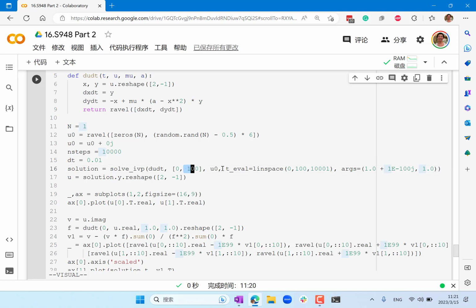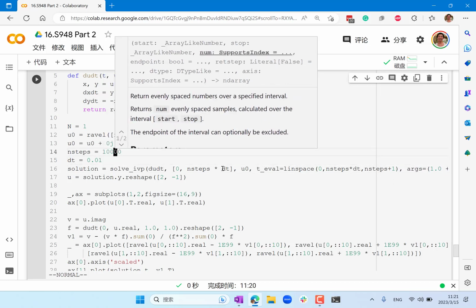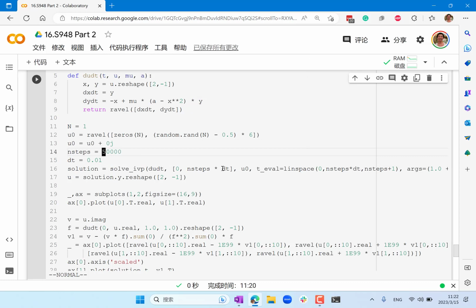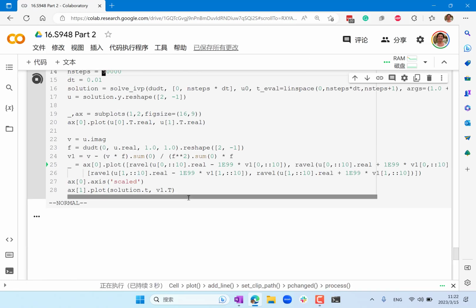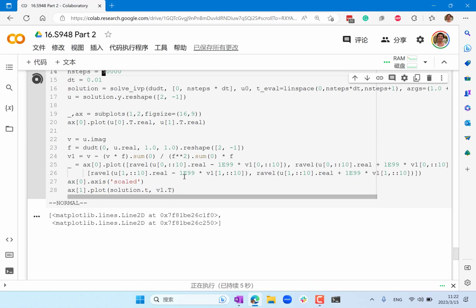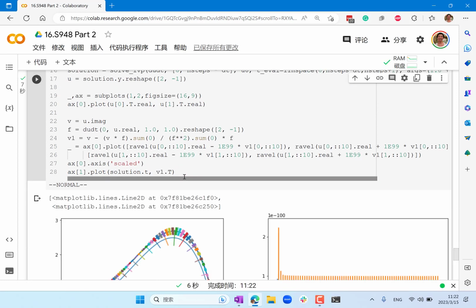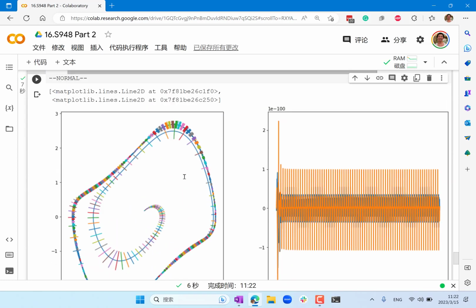The length of the time is n steps times dt, and n steps plus 1. So now let's make the number of time steps a little bit longer to make sure we get a good solution.